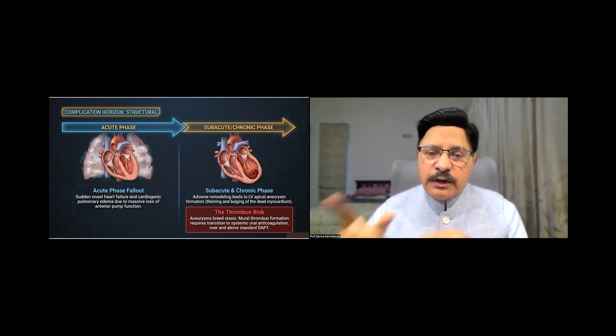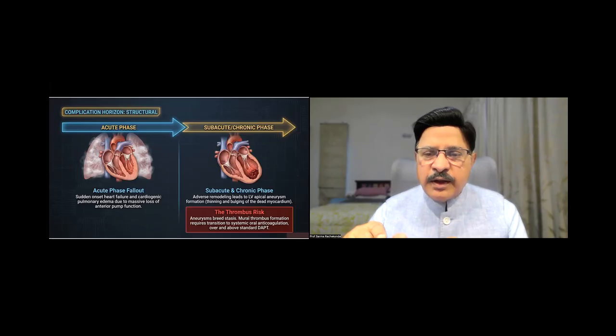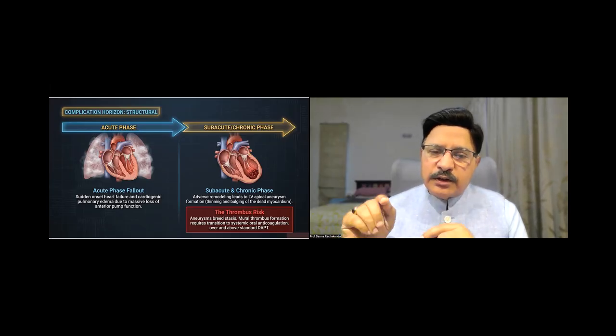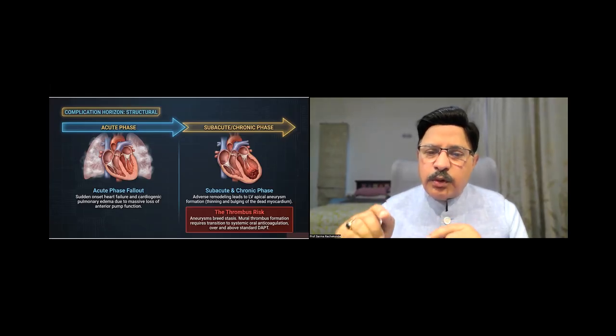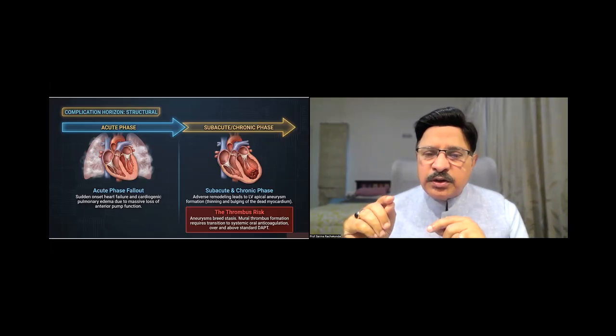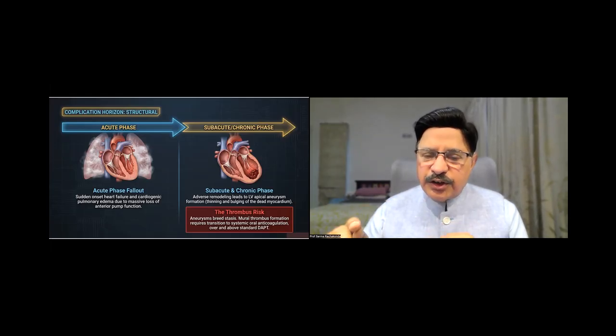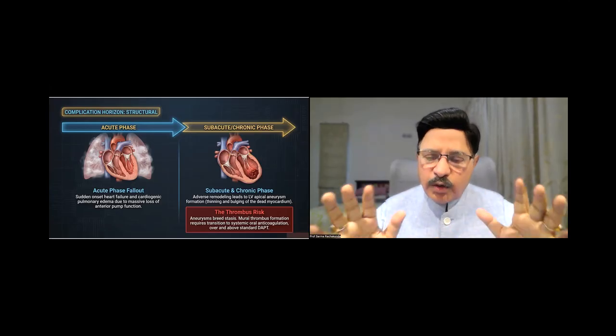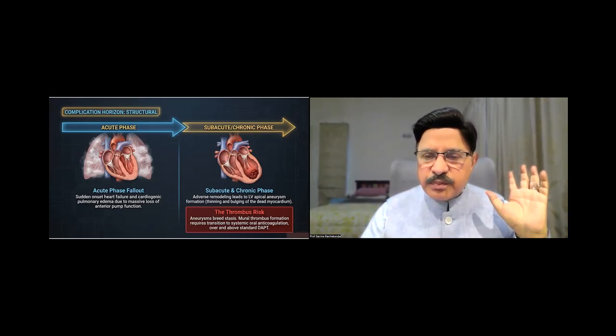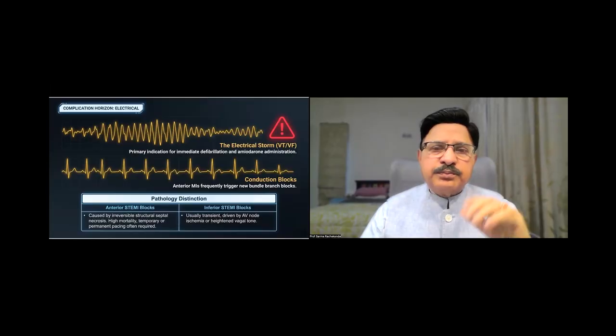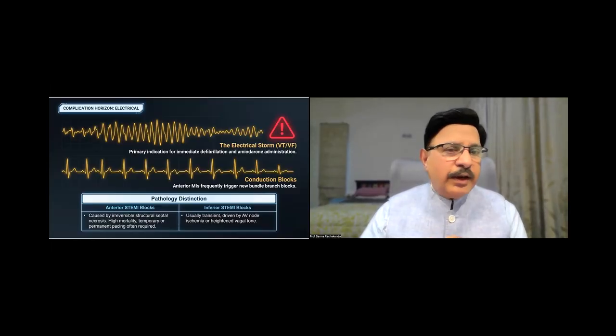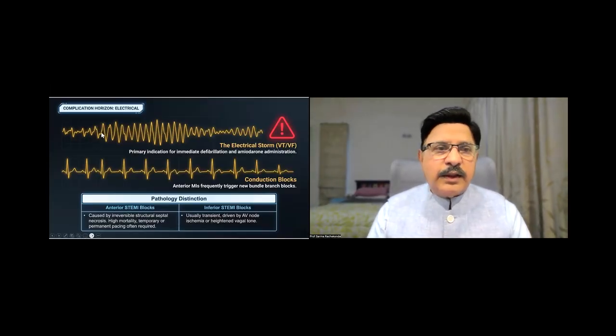Now we require another drug if there is LV remodeling and stasis, and if there is already clot there, we are bound to put the patient on systemic anticoagulation. Okay? Now, we should be very wary of the electrical complications.